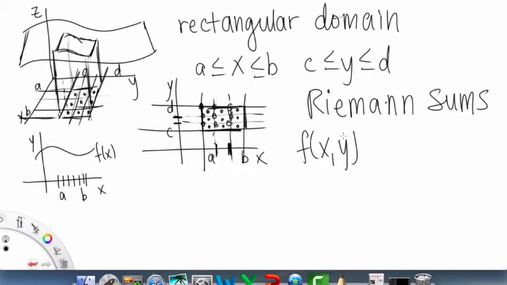So at each of these points, we're going to evaluate our f of x, y, which could be, I'll just keep using this example, x times y, right? So then you would take those points, your x and y coordinates, and then evaluate that point. So that would be like up here or something.